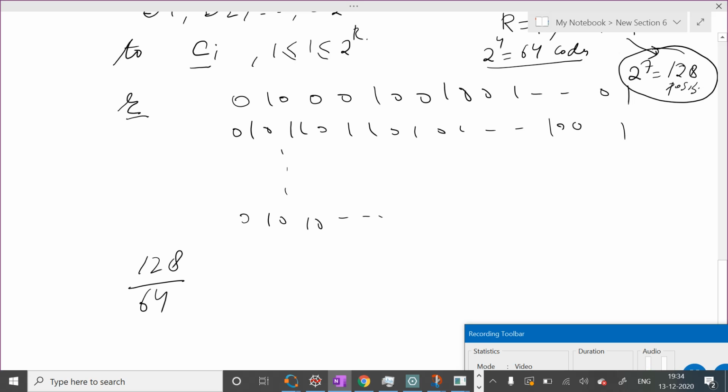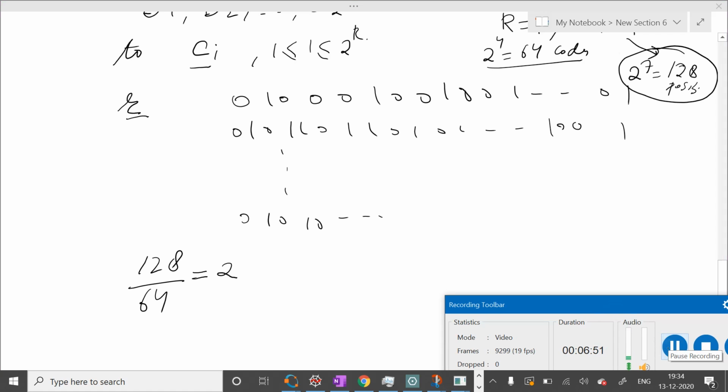Now what is 128 divided by 64? So it is 2. Trivial mistake. 2 to the power 4 is 16, sorry. So it is 16 codes, and the possible values of the received vector are 2 to the power 7. So what is 128 by 16? This is 8.